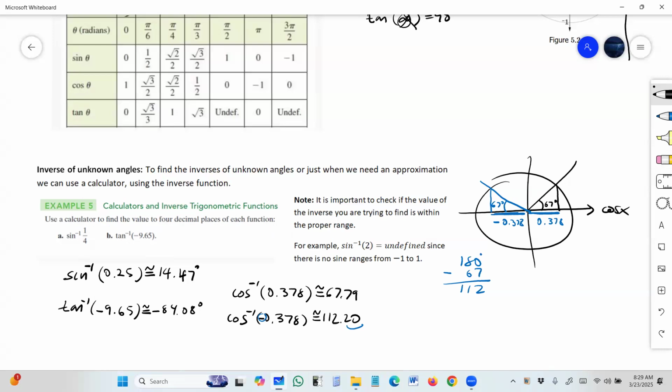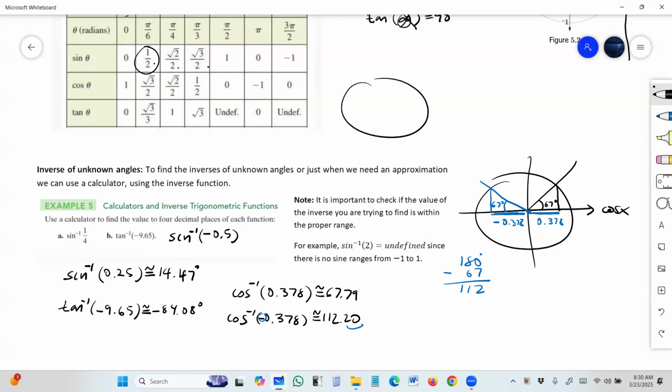Okay. I guess we could try one more. Let's try sine and see if the calculator is going to give us the negative. So we can even try one of these values from the table. This is easy because the calculator is not going to give the answer in radical form. It's going to give us the answer in decimal. So let's do sine inverse of minus 0.5.